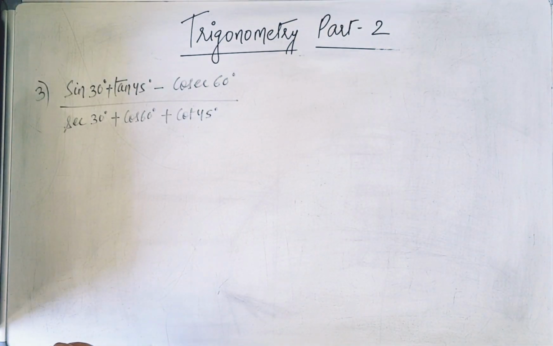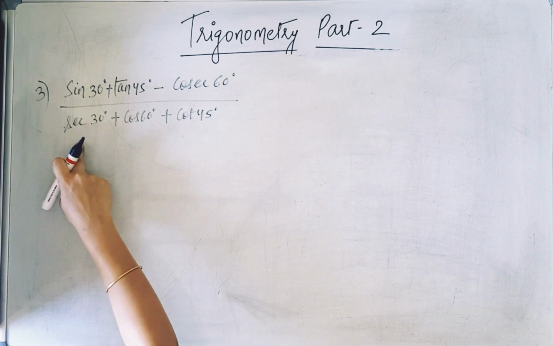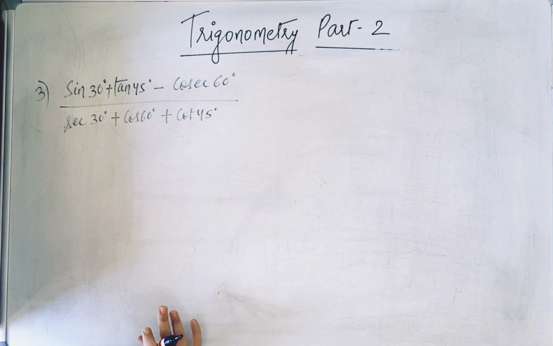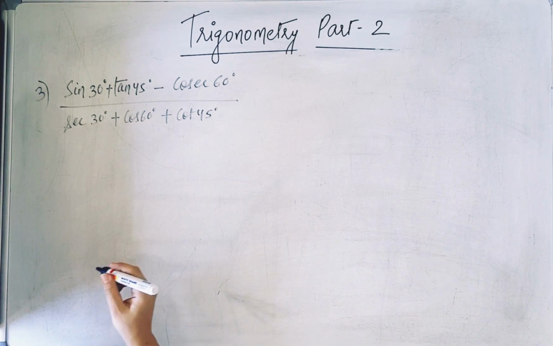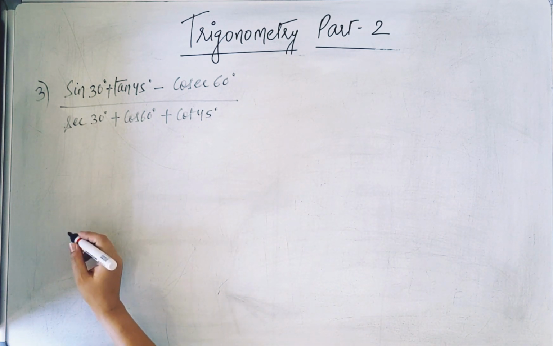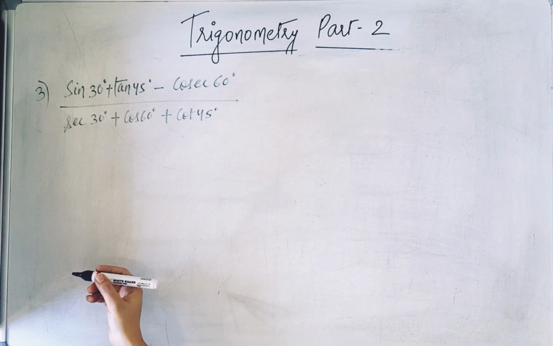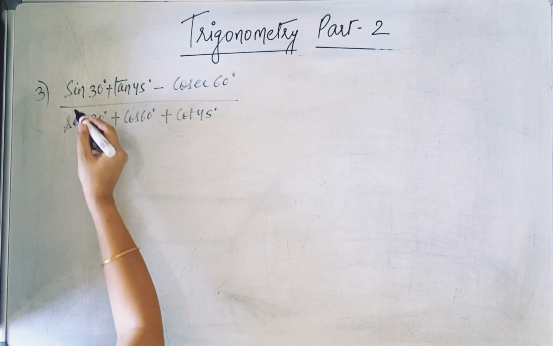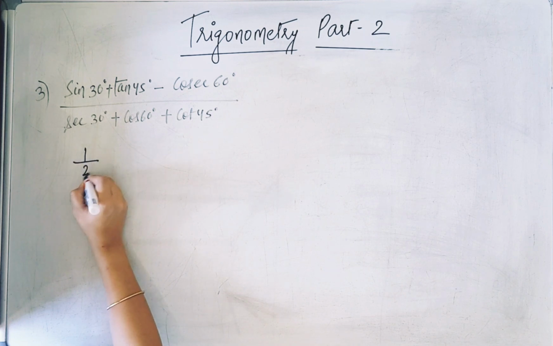So the question is sin 30 plus tan 45 minus cosec 60 upon sec 30 plus cos 60 plus cot 45. Now how will we solve this question? We will put the values of whatever trigonometric ratios of specific angles are given over here. Sin 30 is 1 by 2.